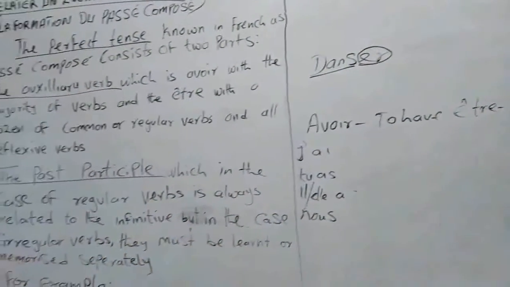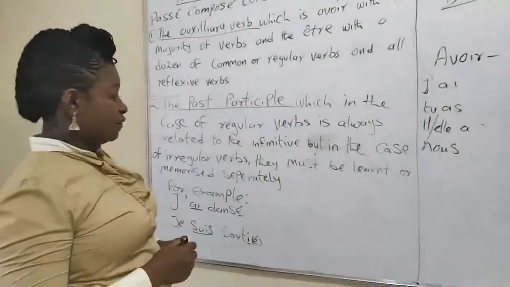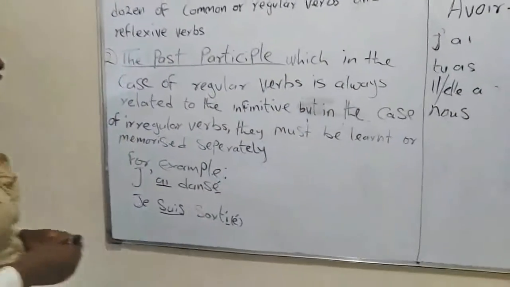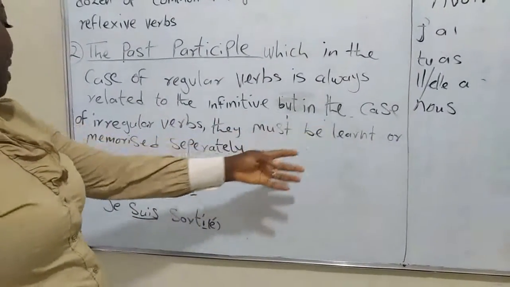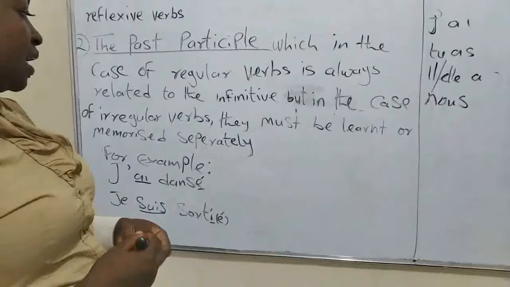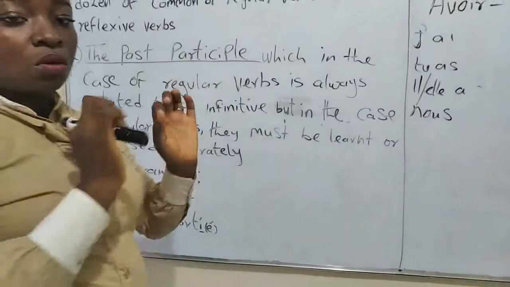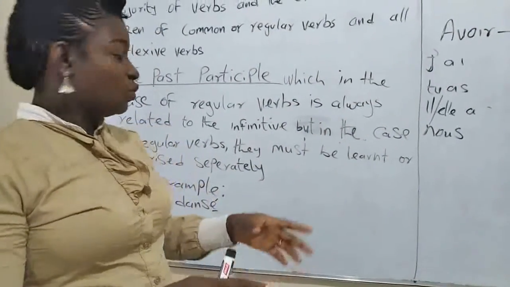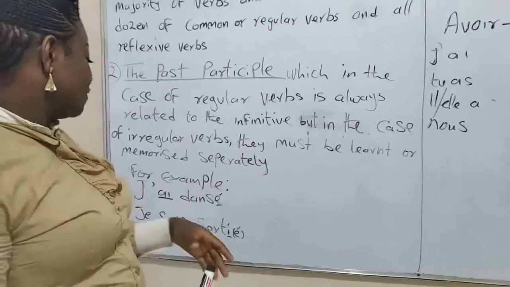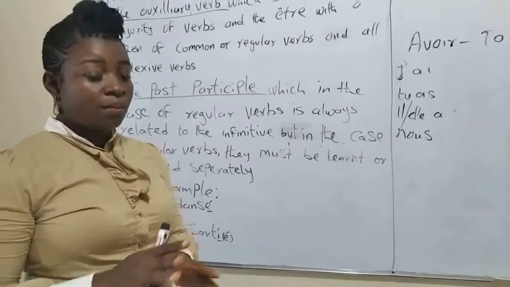Alright, that's what I mean. So it's always related to the infinitive. But if it is the case of irregular verbs, they have different endings, so you have to spot them and memorize them the way they are. So the next time we're going to look at those irregular verbs that have different endings that need to be memorized.